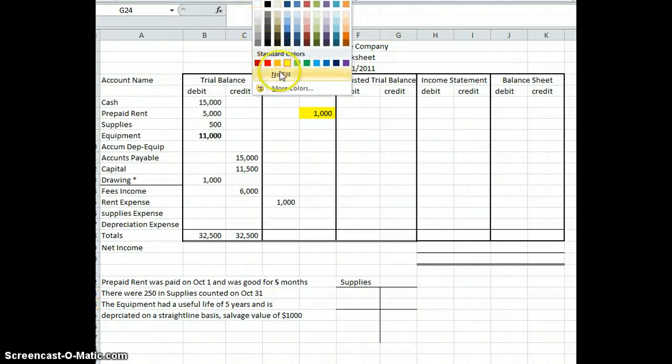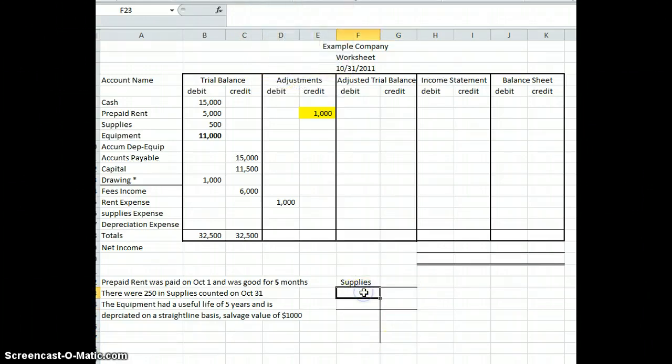Supplies is an asset, has a normal debit balance, and it starts at $500. If we look at the additional information, when we counted on October 31st, there was only $250 left in supplies. During the month, we used pencils, pens, toners, etc., and we used up supplies.